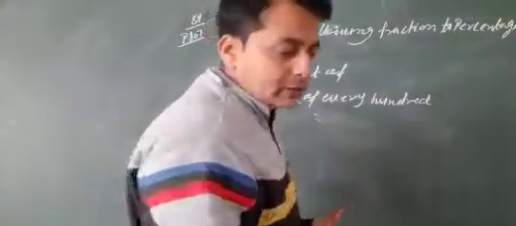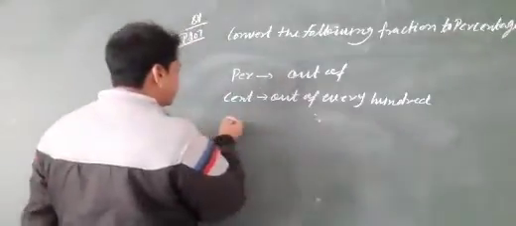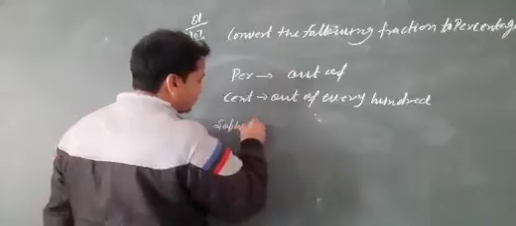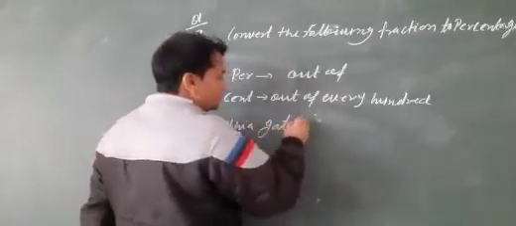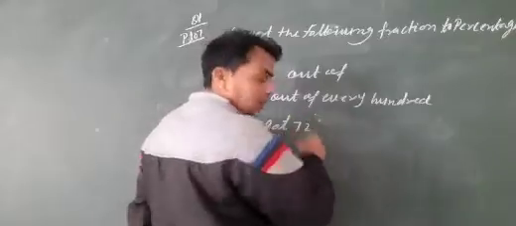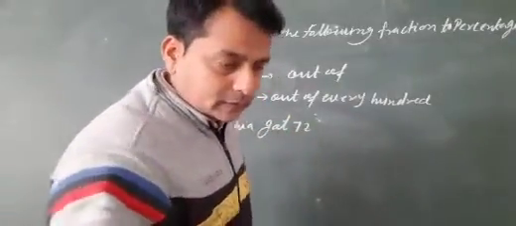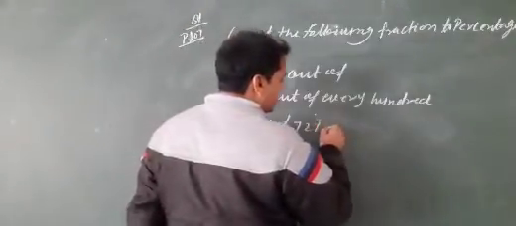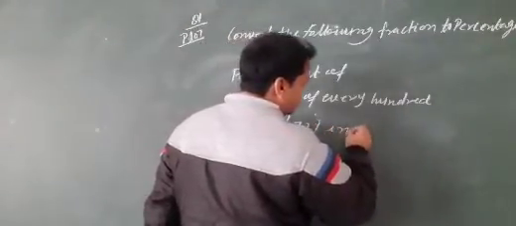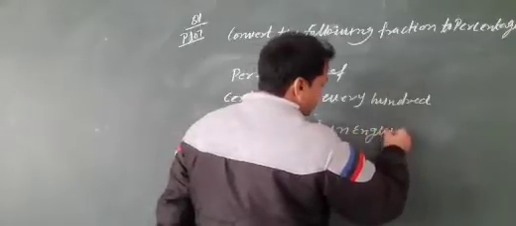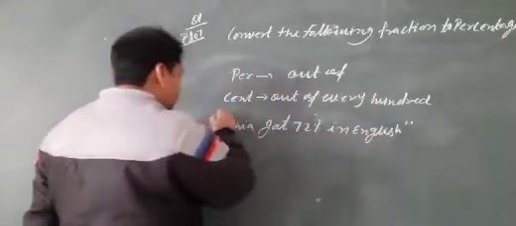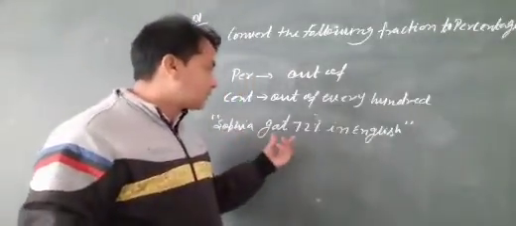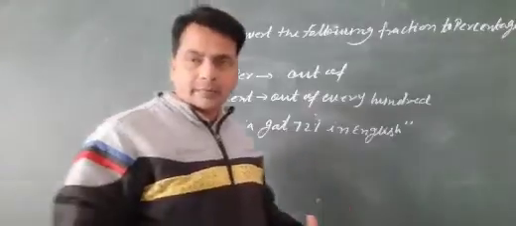Suppose here is an example. Suppose Sophia got 72 marks, or 72 percent, in English. It means she got 72 marks out of 100.